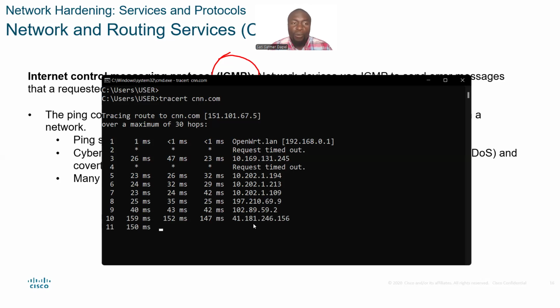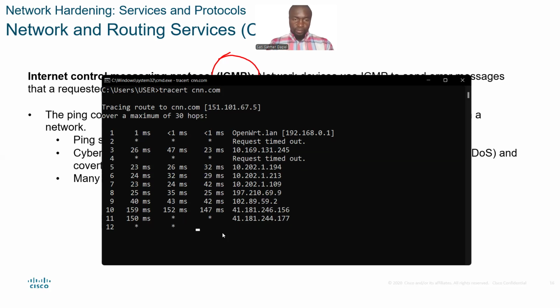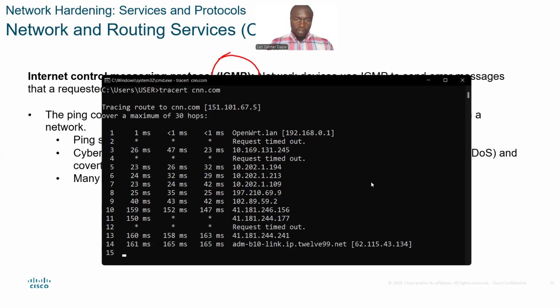Now, why then do we need to secure the ICMP protocol? Once it gets to CNN, it's going to tell you it's complete. Okay. All right, still moving.